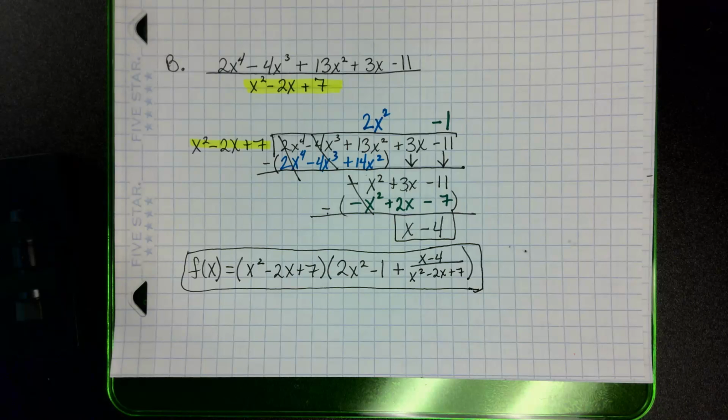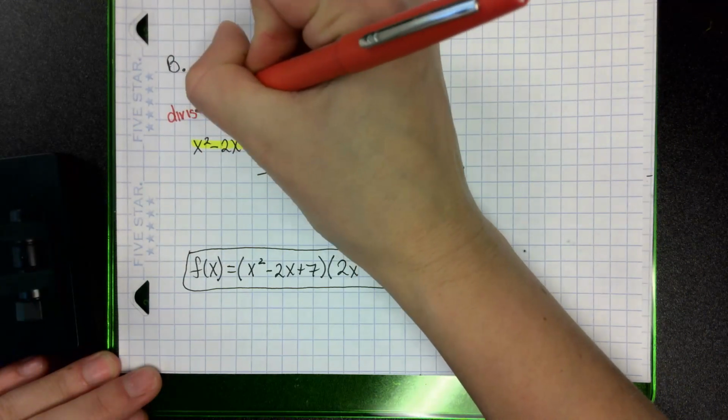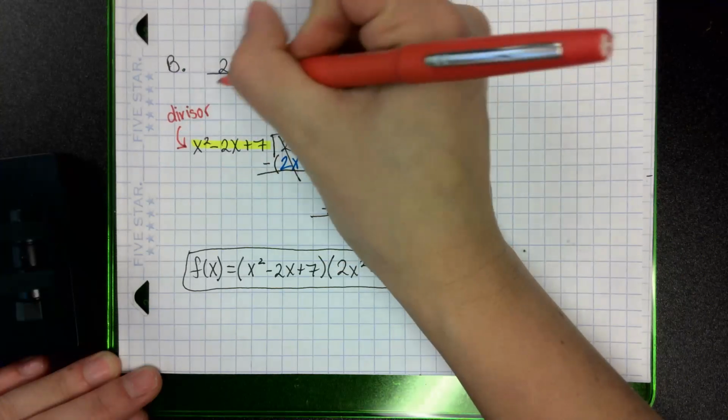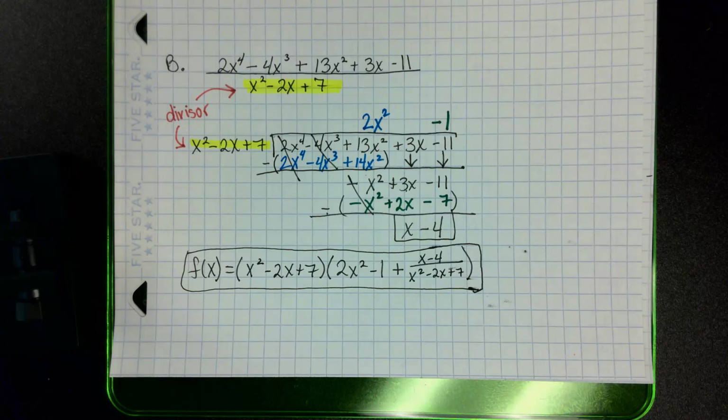All right, so now to label all of these vocabulary words. We have divisor. This is the divisor. This is the divisor. We have quotient.